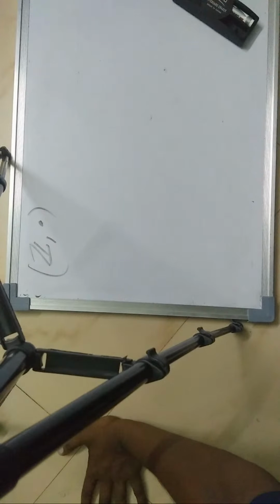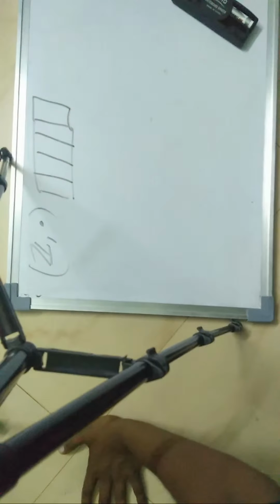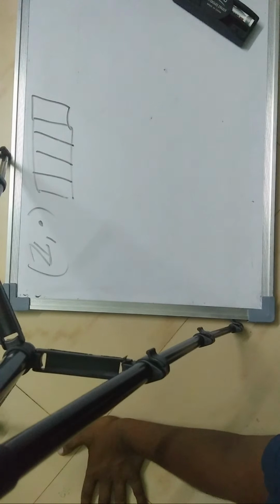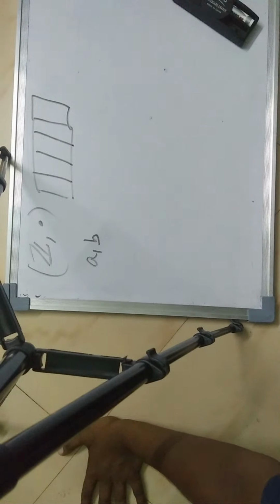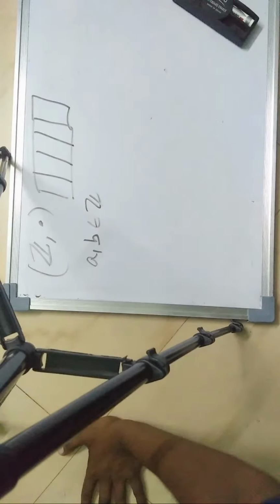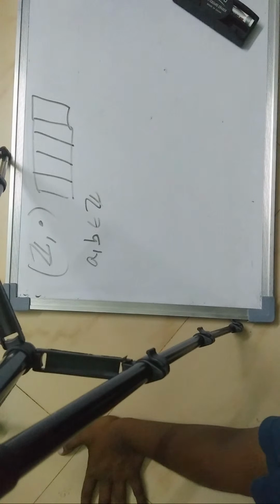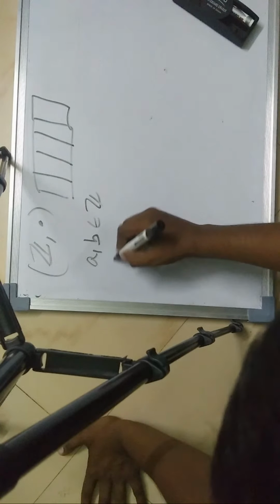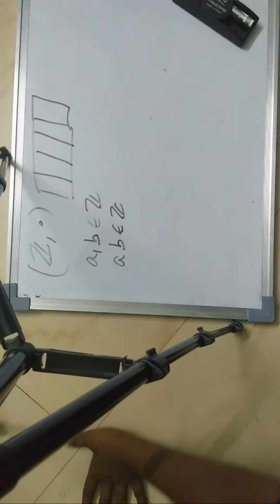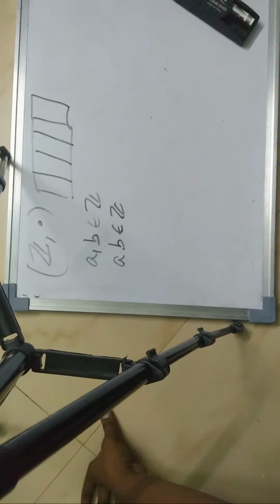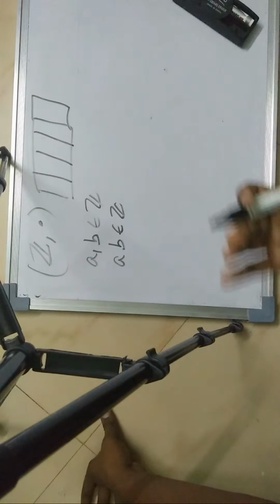Now, let us check whether it satisfies the properties. Let us have a checkbox. So, if we take any two integers, say A and B, its usual multiplication is again an integer. Obviously, AB belongs to Z. Now, associativity, it is the property of the binary operation.